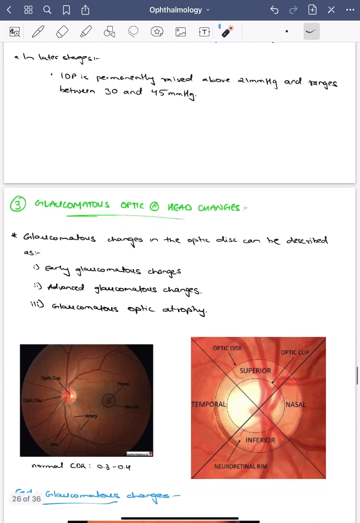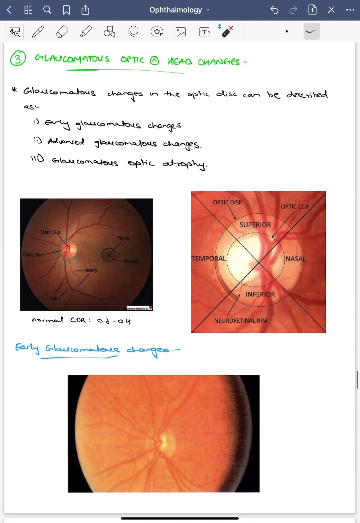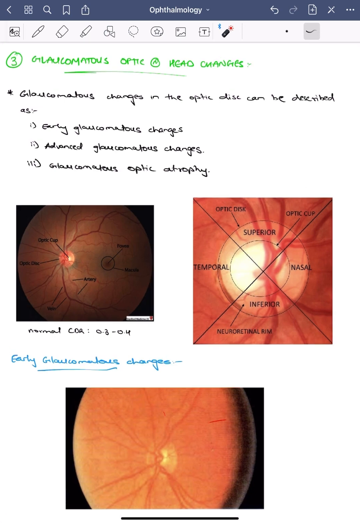Now moving on to the glaucomatous optic nerve head changes. The glaucomatous changes in the optic disc can be divided into early glaucomatous changes, advanced glaucomatous changes, and glaucomatous optic atrophy. Before we discuss the glaucomatous changes, let us look at how a normal optic nerve head appears on examination.